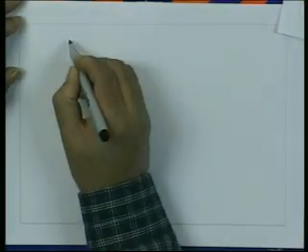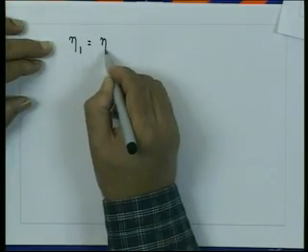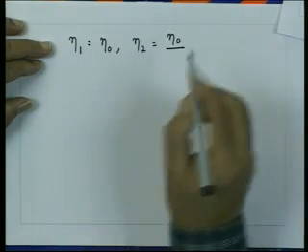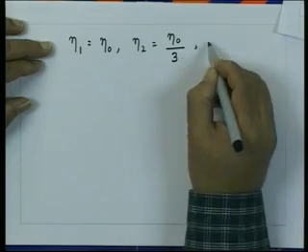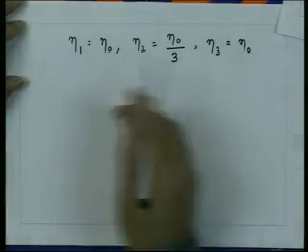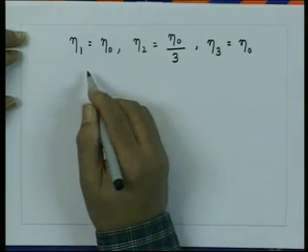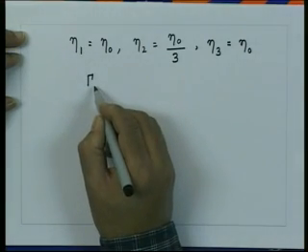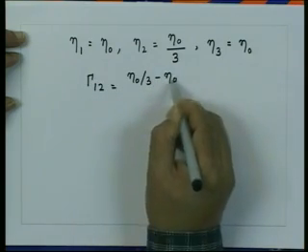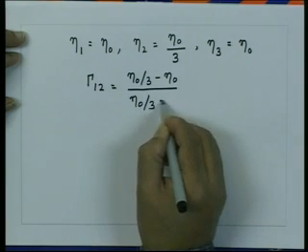Essentially we have eta 1 which is equal to eta 0, eta 2 is eta 0 upon square root of epsilon r which is 3, and eta 3 is equal to eta 0 again. So, from here we can get essentially these quantities, which is gamma 1 2 which is eta 0 by 3 minus eta 0 upon eta 0 by 3 plus eta 0.